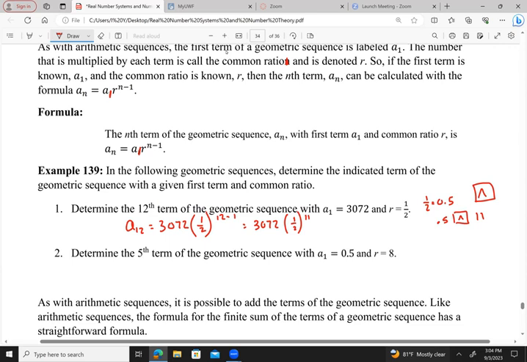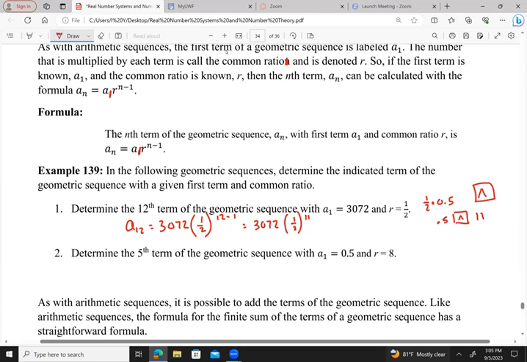So 0.5 caret 11. And we're going to get a scientific notation number. Then we take that and multiply it by 3072.